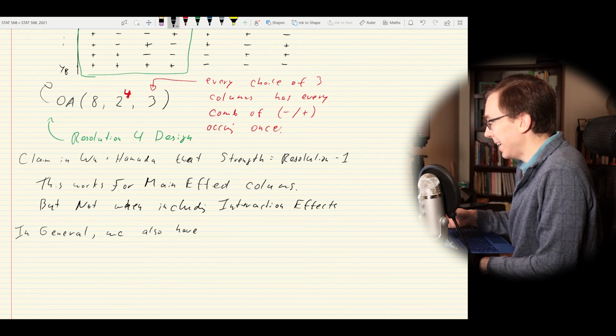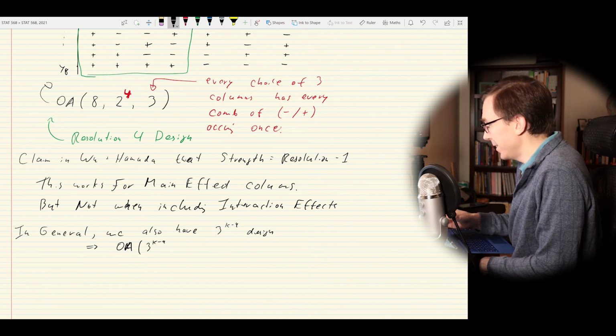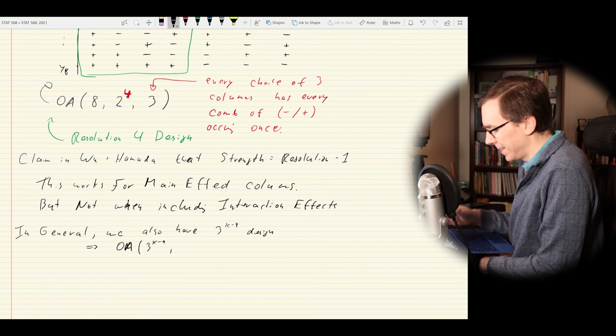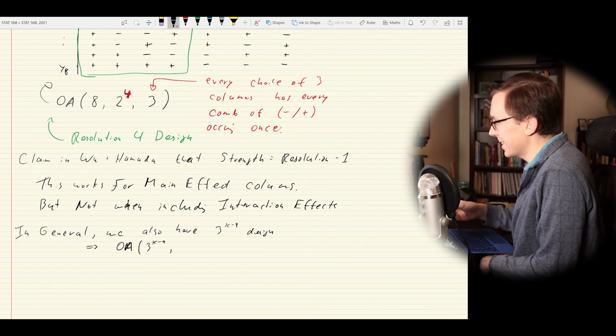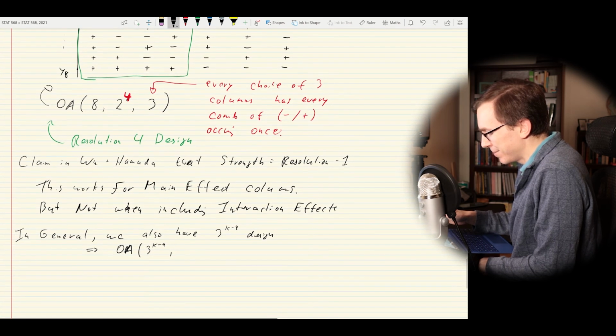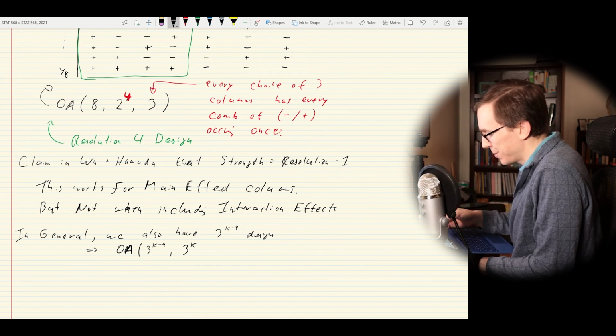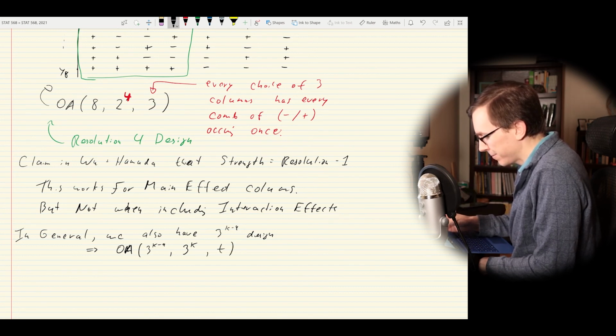Well, I should say we also have the case that a 3 to the k minus q design could be thought of as an orthogonal array with 3 to the k minus q rows. And then, if we're thinking of just the main effects in this case, we would have 3 to the k columns for the main effects, and then some strength t.